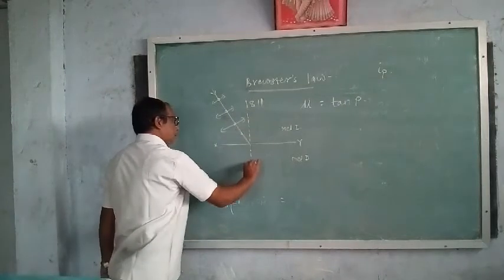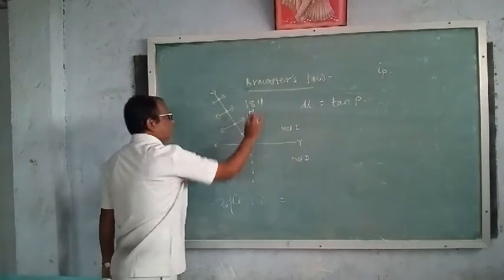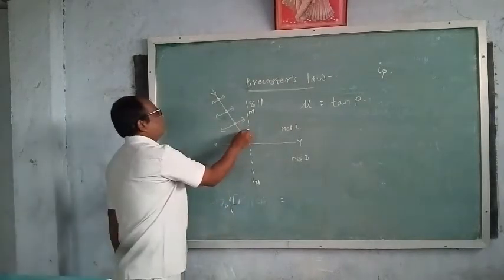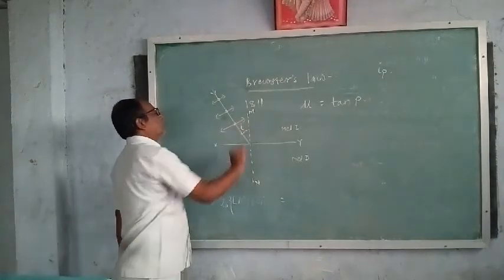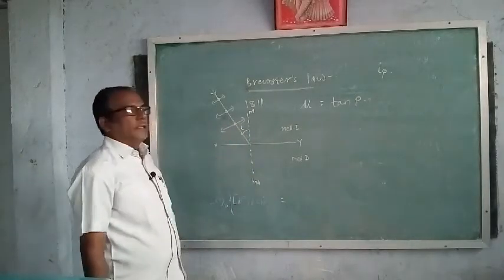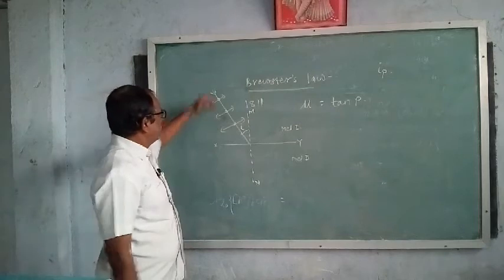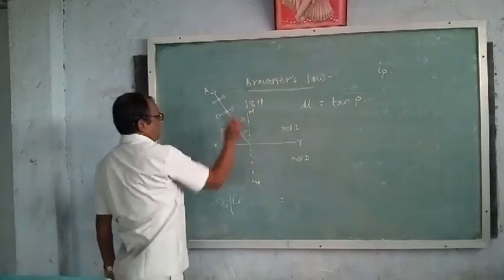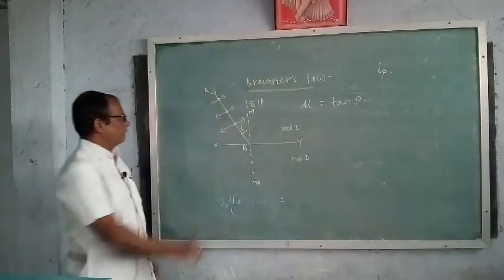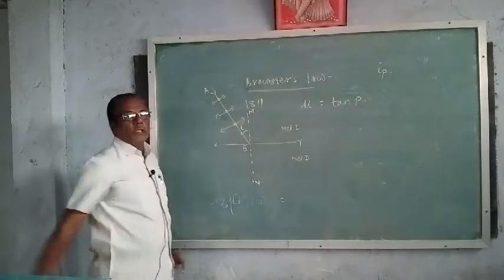This is a normal which is perpendicular to the surface xy. Then this angle is known as the angle of incidence. Suppose this is the ray AB of unpolarized light, the symbol itself says that this is unpolarized light.